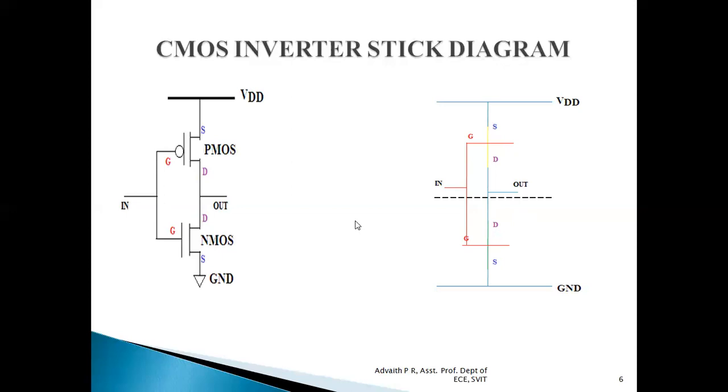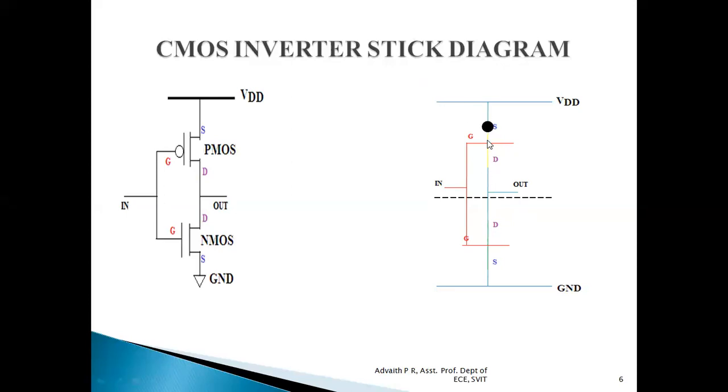Next. When we were discussing about the color codes, I told you about the contacts. Contacts will always be formed when two different layers meet and there has to be an electrical connection which has to be established. So whenever two different layers meet and there has to be an electrical connection, we establish something called as contact. So let us establish contacts here.